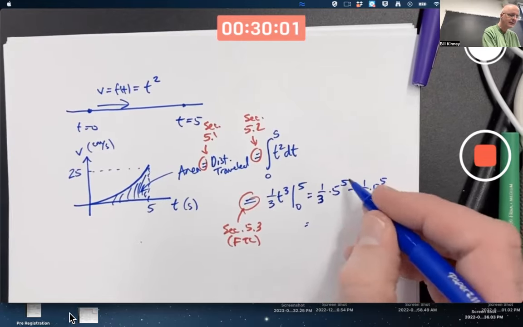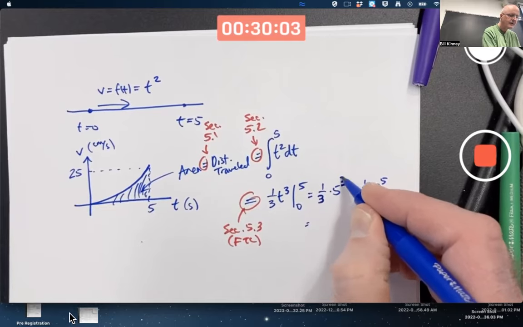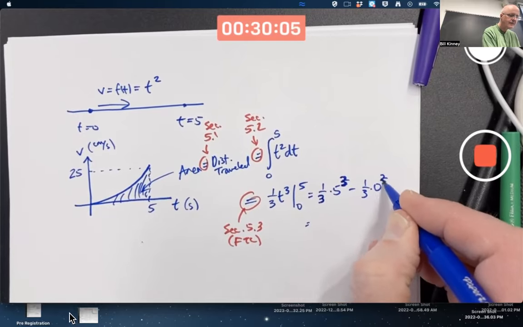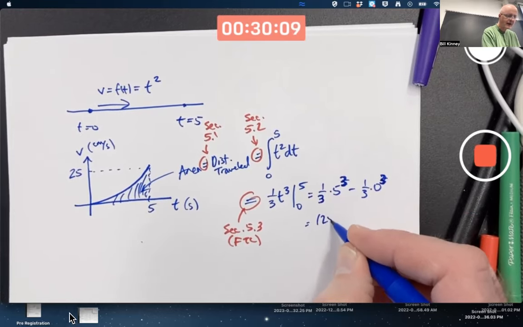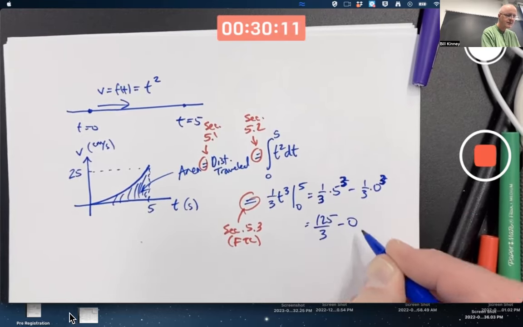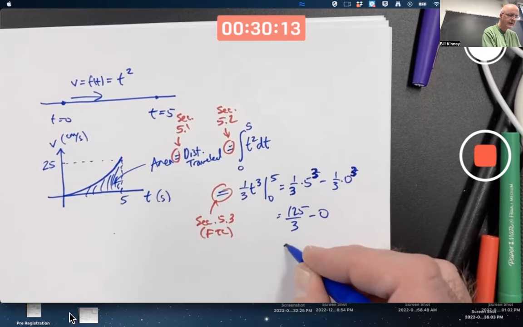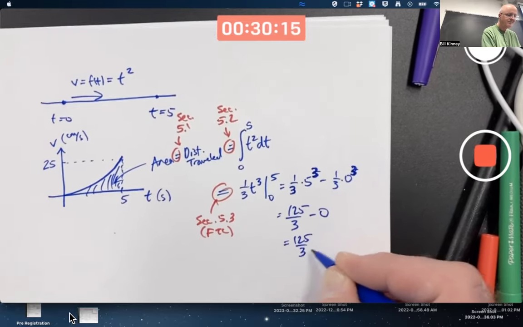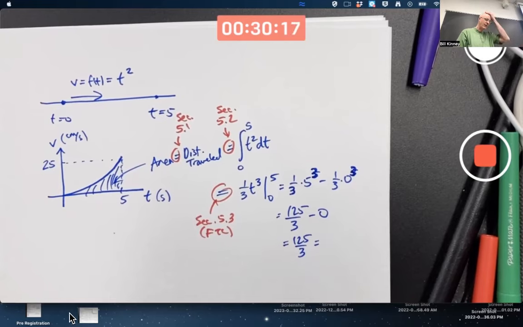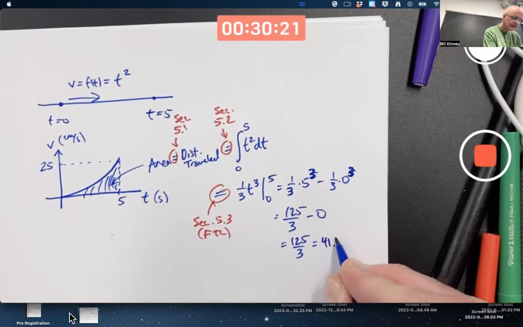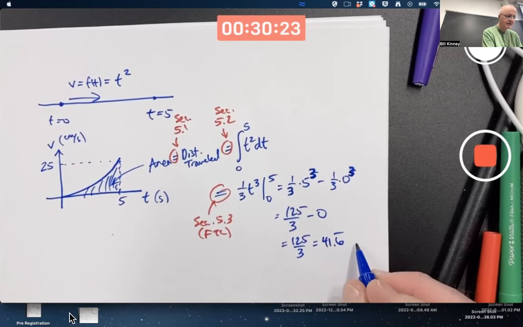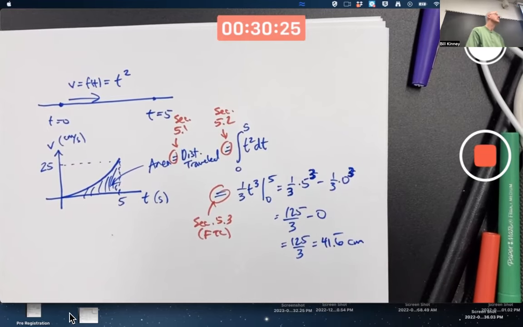Oops, 5, what am I doing? 5 to the 3rd. 5 to the 3rd is 125. 0 to the 3rd, 0. 125 over 3. What is that? 41.6 repeating, I guess? Centimeters. That's how far the bug traveled.